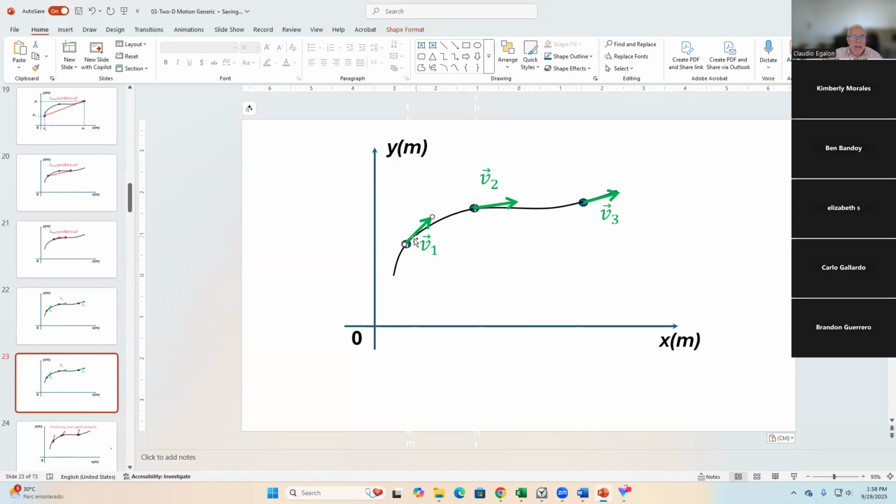You extend the velocity vector so that the midpoint of the velocity vector is the point tangent to the curve. That's another way of illustrating this velocity vector. Some books do the first way, other books do the other way. Okay, either way is fine. I prefer the first one.